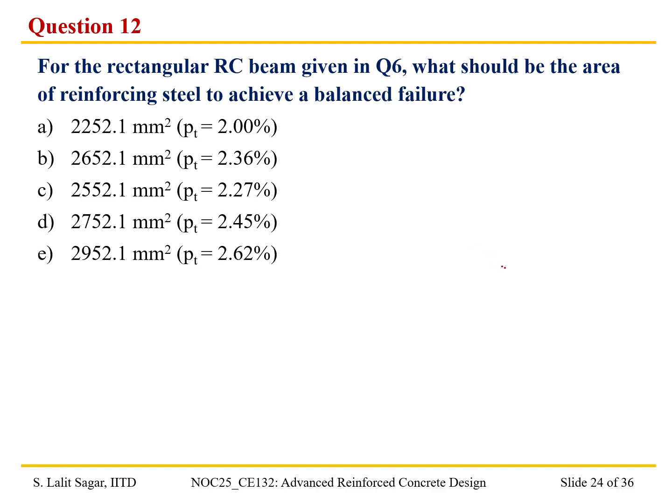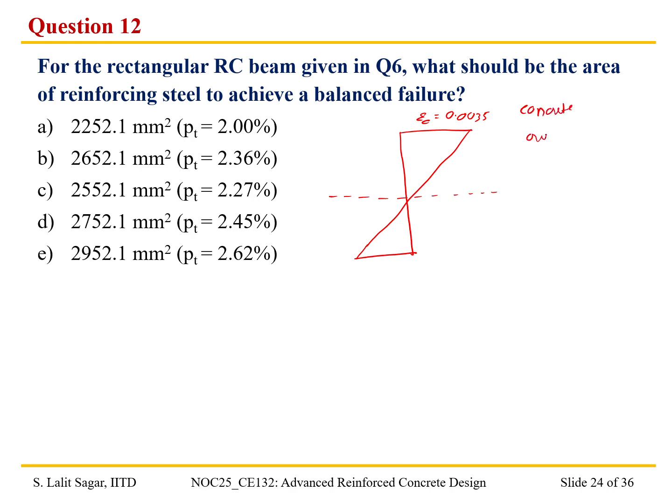I'm going to start drawing the diagram over here, right? As I mentioned, epsilon c is equal to 0.0035. That is the strain at which we are going to assume that concrete crushing happens.